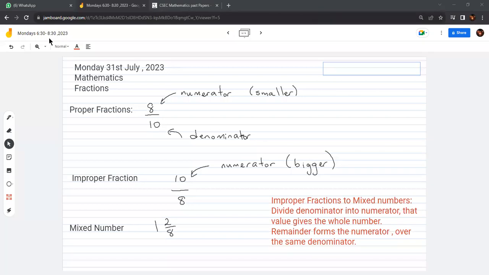All right, so we saw how to change improper fractions into mixed numbers. Now we're going to look at mixed numbers into improper fractions.